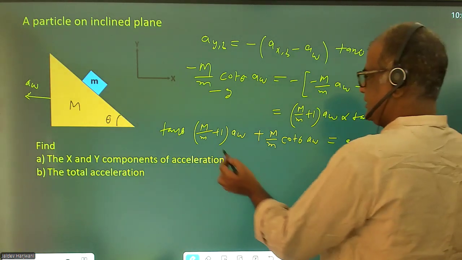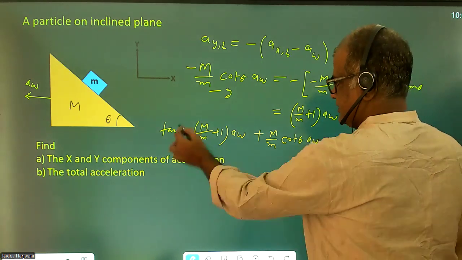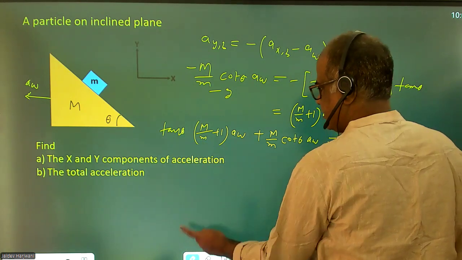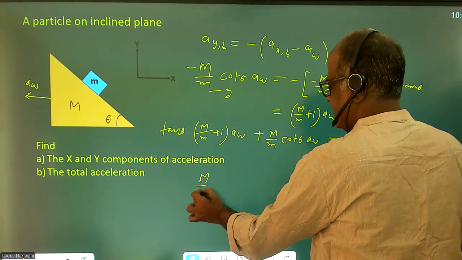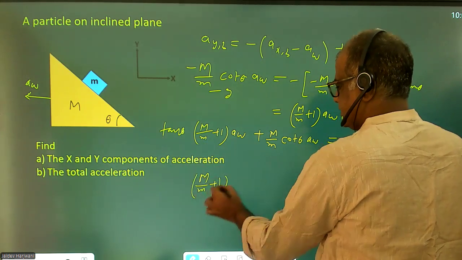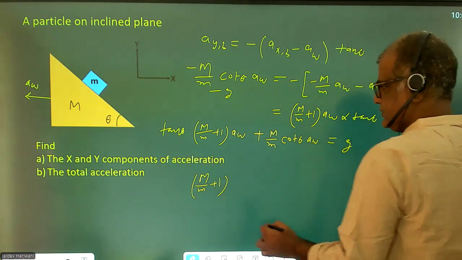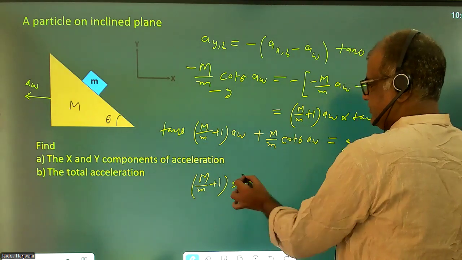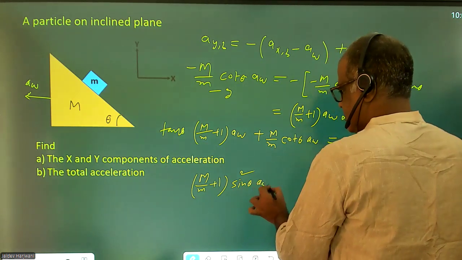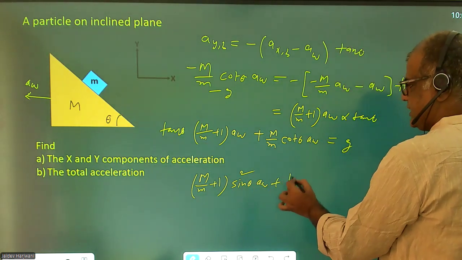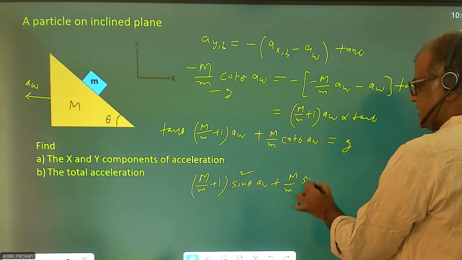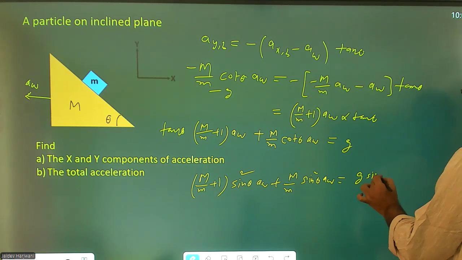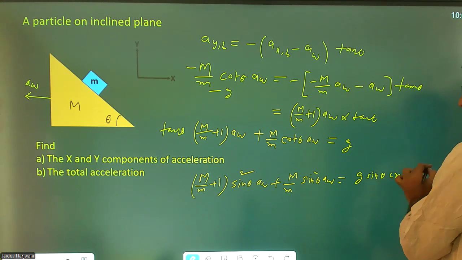So let us say this is sine theta cos theta. I can write m upon M plus 1, writing the sine theta cos theta, so this is a sine theta cot theta upon sine theta. So this will become sine squared theta a wedge plus m upon M sine squared theta a wedge, and this will become g sine theta cos theta.